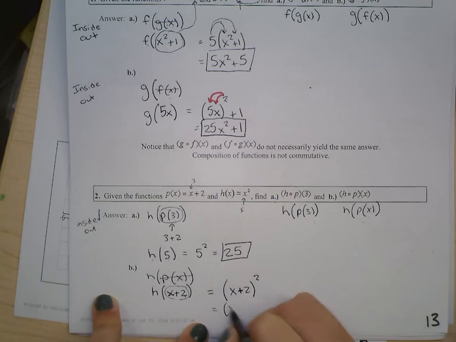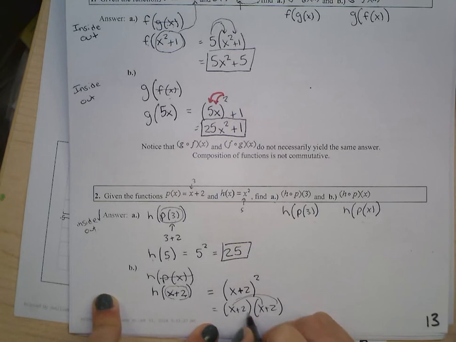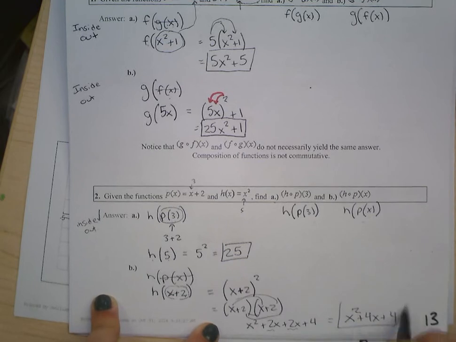We have to write it out. And then from here, I can distribute. This gives me x squared plus 2x plus 2x plus 4. And I can combine like terms. And I get x squared plus 4x plus 4 as my answer.